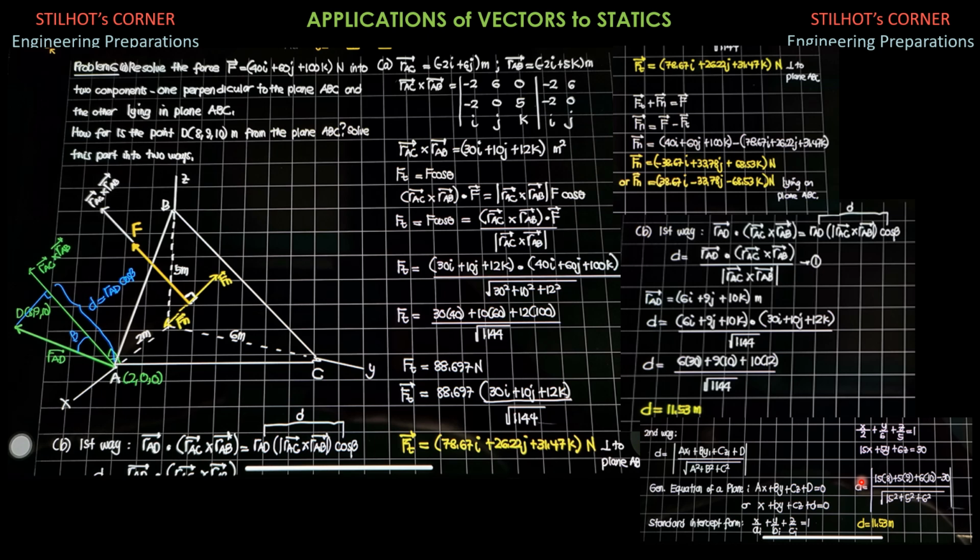So A is 15, then x1 is the x-coordinate of the point, 8, plus 5 times y1, which is 9, plus 6 times z1, which is 10. Then if we transpose this constant 30 to the left, it is negative 30, all over the square root of 15 squared plus 5 squared plus 6 squared. And if you evaluate that, that's the same answer as 11.53 meters.